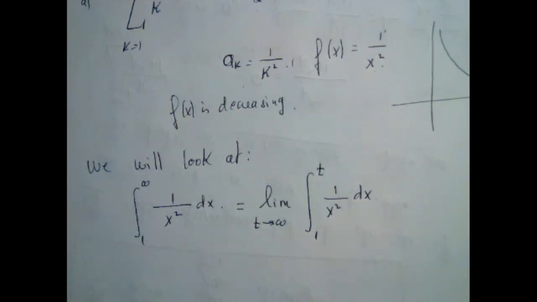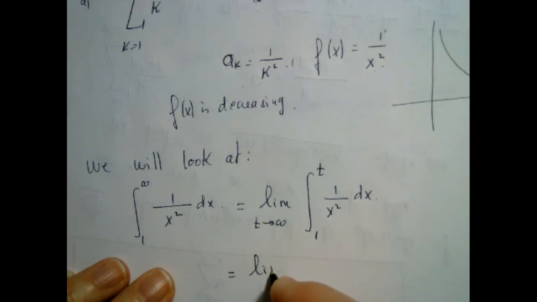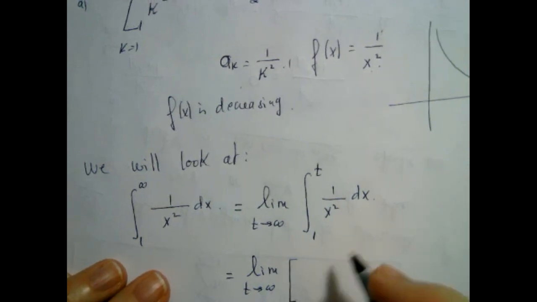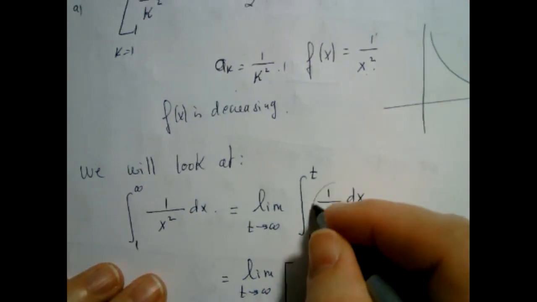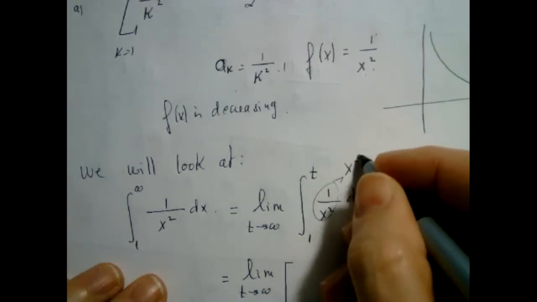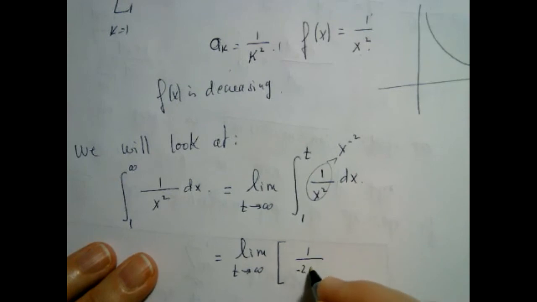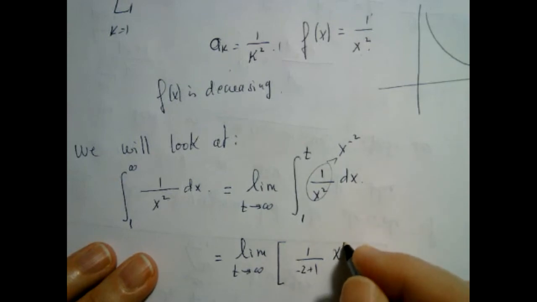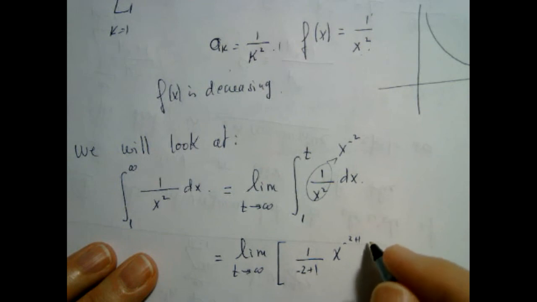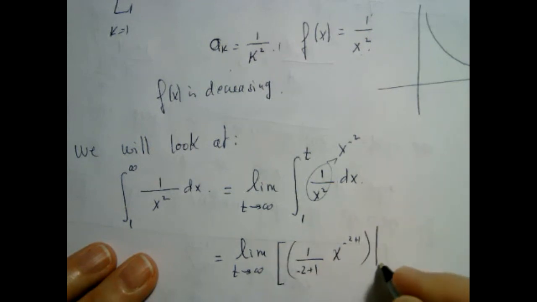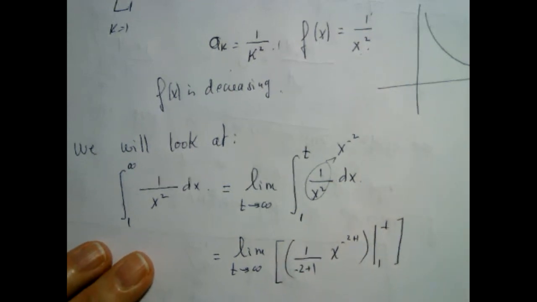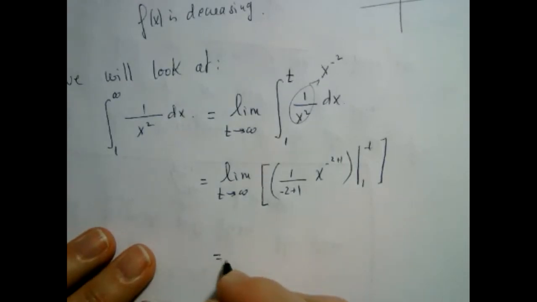So we have to look at this improper integral, which is equal to the limit as t goes to infinity of the antiderivative of 1 over x squared. We rewrite it as x to the minus 2. That will have 1 over minus 2 plus 1, x to the minus 2 plus 1, evaluated between 1 and t.